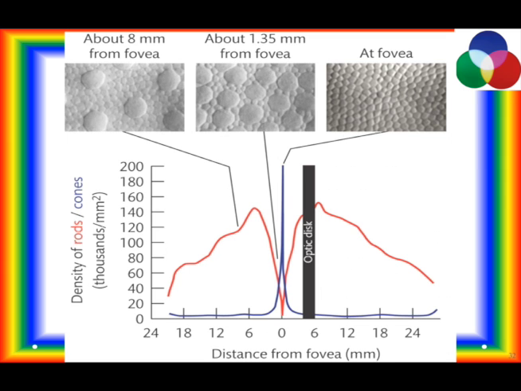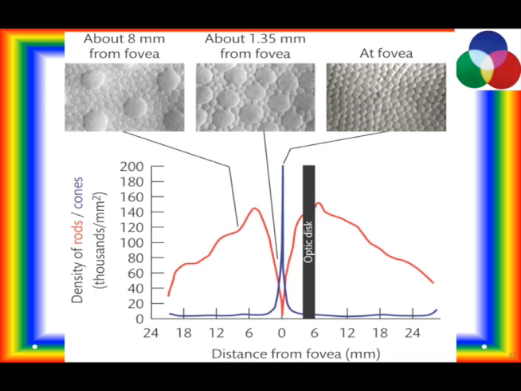This describes where the rods and cones are. You've seen this chart a couple times now in a couple of textbooks, so you must be thinking, okay, this must be telling us some useful information. The red line in the plot is our rods. So there are almost no rods right at the center of your vision, where you're dealing more with color and visual acuity.